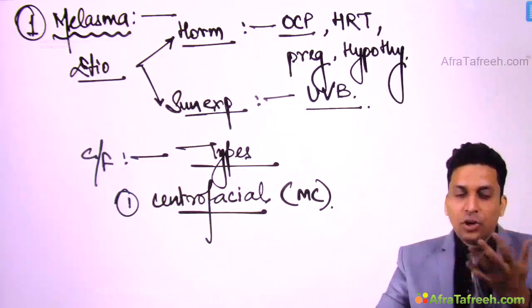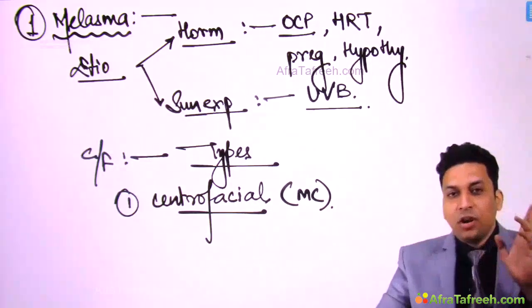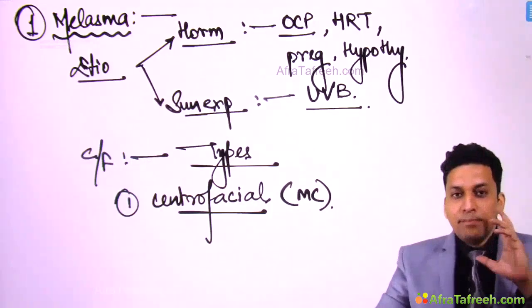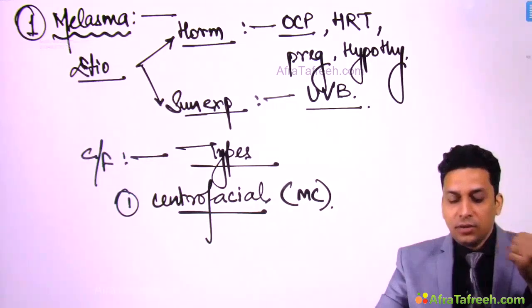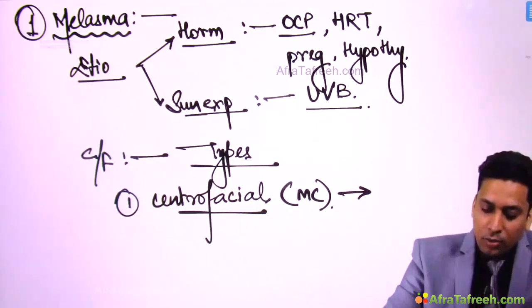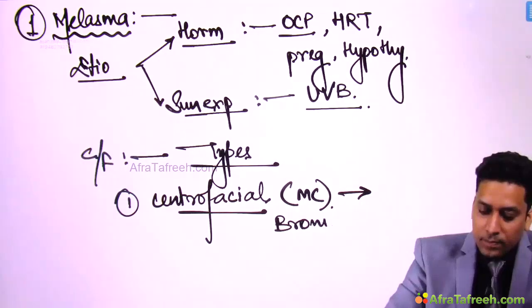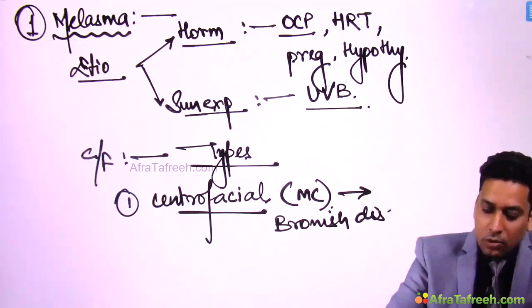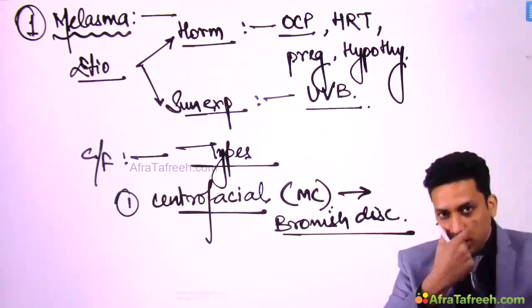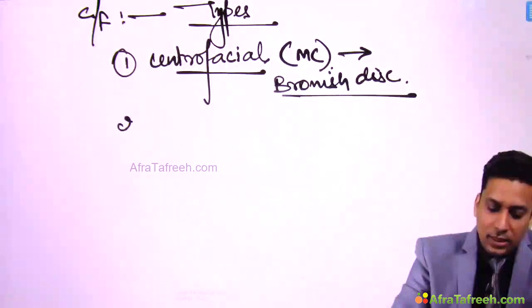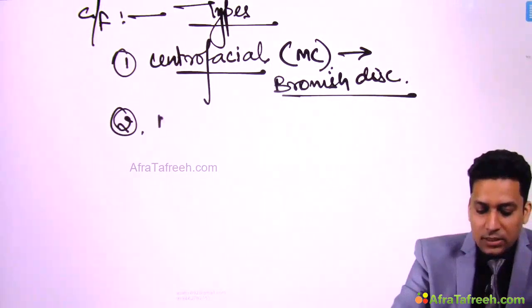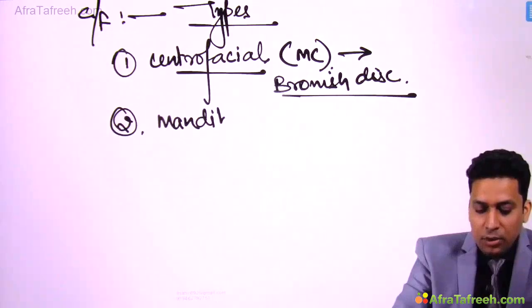If you recall, I told you in the beginning that melasma is due to excessive melanogenesis, and due to excessive melanogenesis, there is excessive melanin and the lesions are brown in color. So here you will find brownish discoloration over the cheek, nose and forehead. There is another type that is known as mandibular.